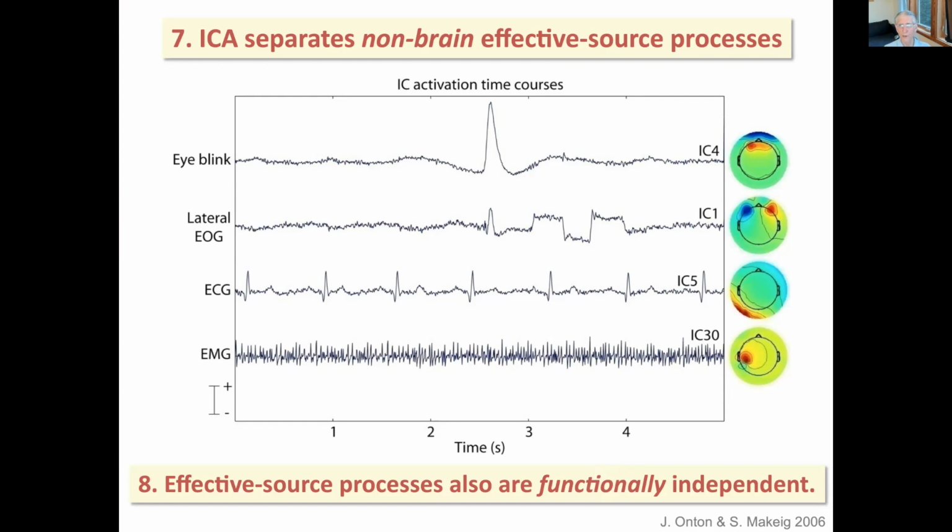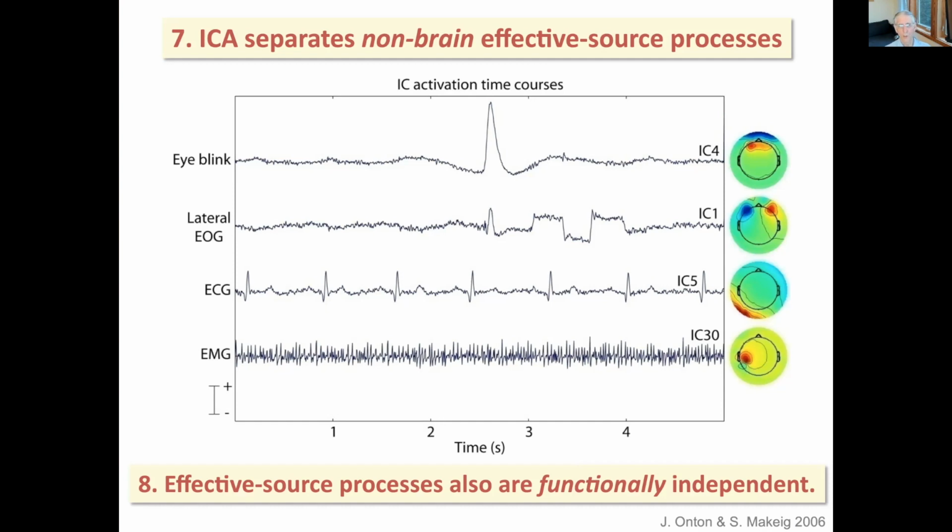Now consider, though, why are these temporally independent? Why can you predict none of the waveforms from any of the other waveforms? Well, because they're functionally independent. What causes the EMG to take that form has nothing functionally to do with what causes eye blink to occur, or the heartbeat to put potentials across the head.